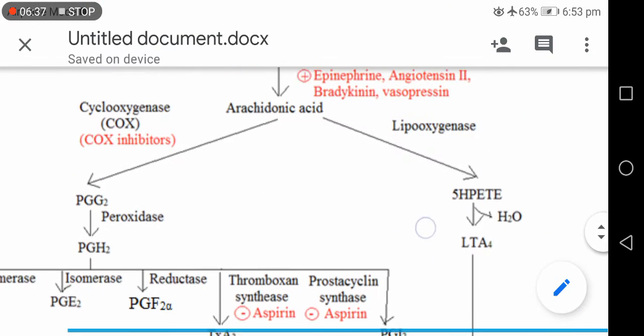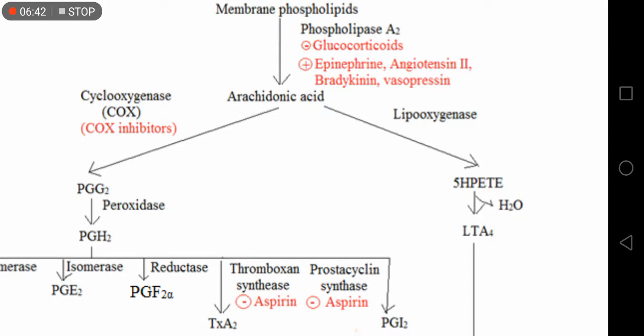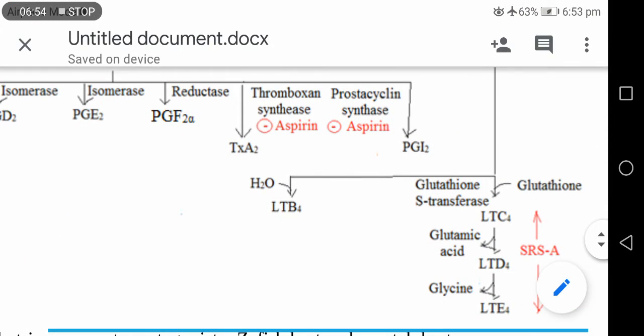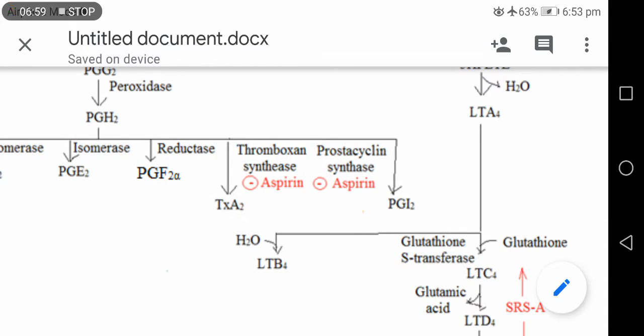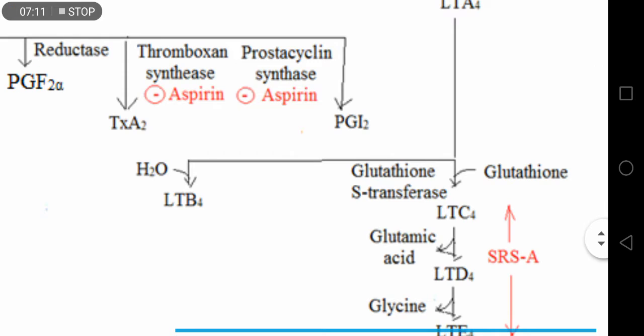Then when the arachidonic acid enters into the lipoxygenase pathway, first it synthesizes 5-HPETE. Then after liberation of water, it forms leukotriene A4. Then when water is introduced into leukotriene A4, it forms leukotriene B4, or leukotriene A4 by the action of glutathione S transferase is converted to leukotriene C4 by introduction of glutathione.